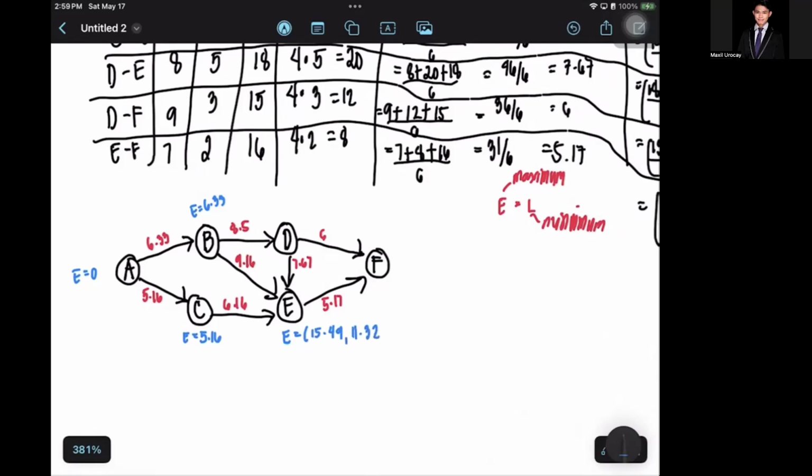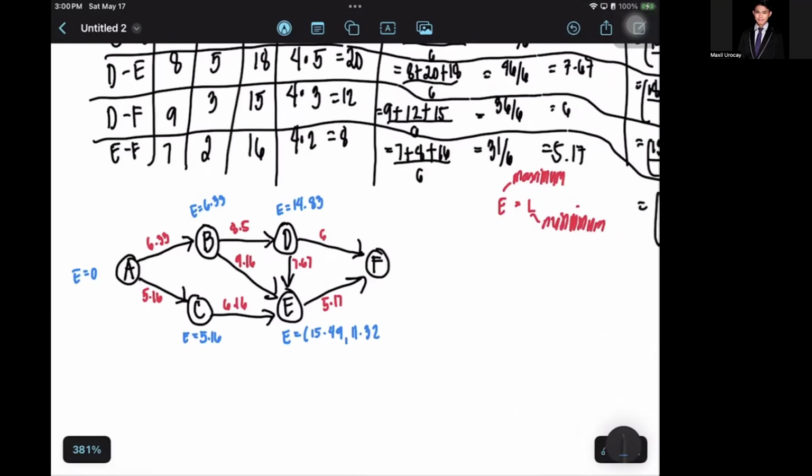But there is a D to E. We'll need to get first what is D. 6.33 in B plus 8.5 is 14.83. That is your D right now, because you add the E of B to the B to D vertex.